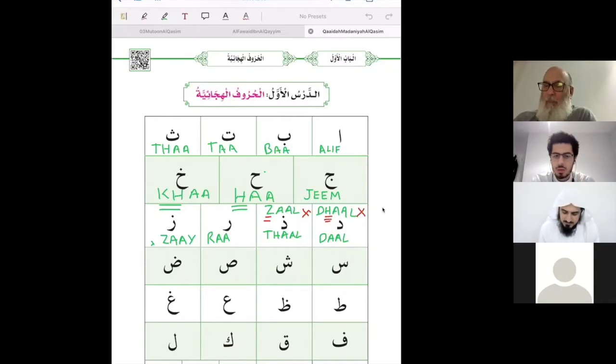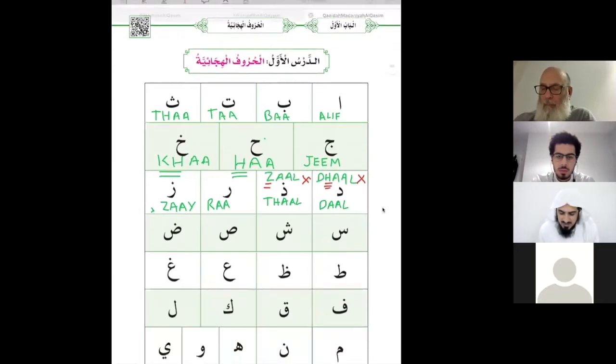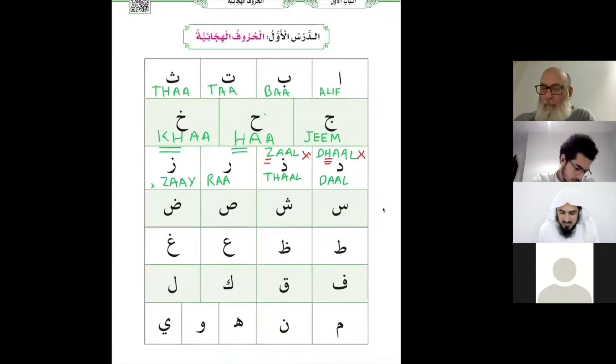Okay. So we go over yesterday's lessons. First, the last 3 lessons, we'll read them, then we'll move on to today's lesson. We'll go from the back going forward. So we'll start from Zai, Ra, Dhal, Dal, Kha, Ha, Jim, Tha, Ta, Ba, Alif.